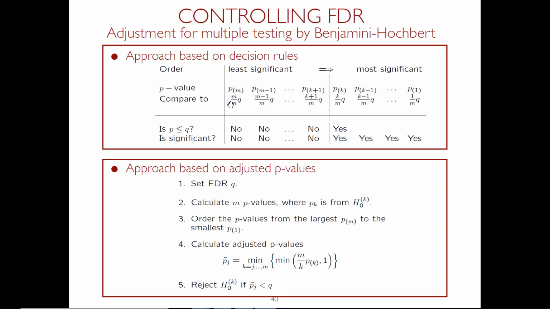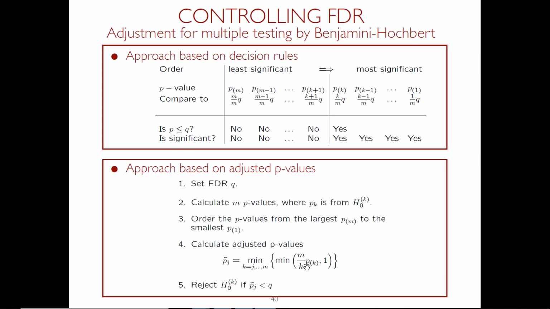But for the least significant, we don't adjust this at all. And so everybody in the middle has this kind of adaptive procedure. And we will compare in this order, and the first time we have a significant protein, we keep everything as significant. And we can also have an adjusted p-value where now we multiply the p-value by m divided by k.